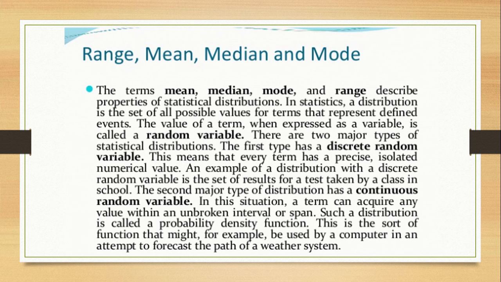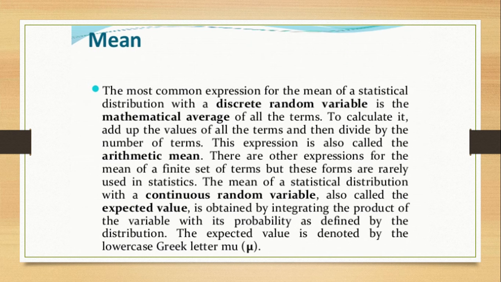This is the sort of function that might, for example, be used by a computer in an attempt to forecast the path of a weather system. These are very important concepts, class, about the discrete random variable and continuous random variable.